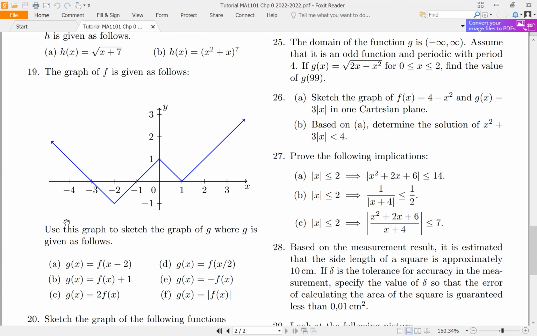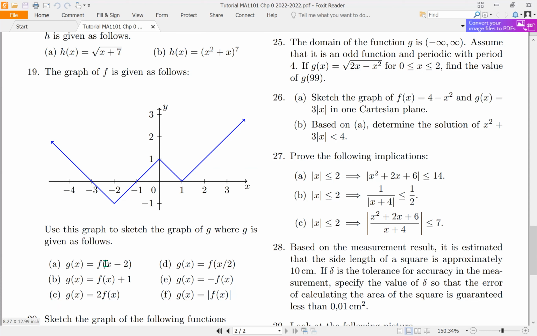And then the domain of g should be in between -2 and 5. You can view this geometrically or using the algebraic equation. Naturally x minus 2 should lie in the domain of f, and then just solve it for x.